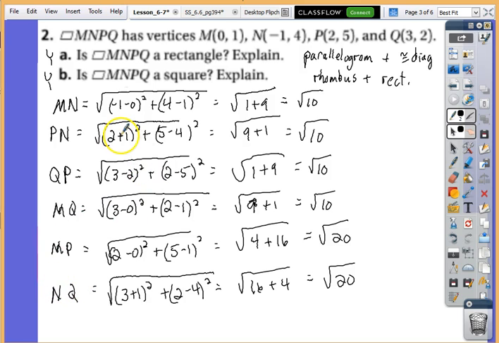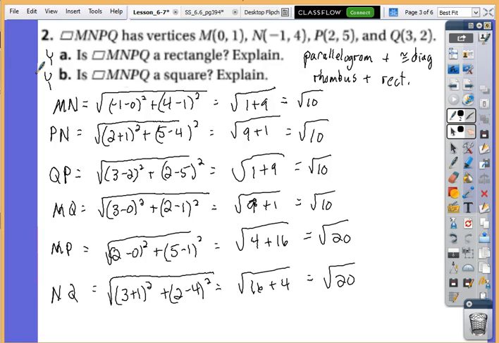Yes. It's a rectangle because it was a parallelogram, and I know it's a parallelogram because all of the opposite sides are congruent. That means both pairs of opposite sides are congruent. That's a parallelogram. And the diagonals are congruent. That makes it a rectangle. And then since it's a rectangle and all the sides were the same, that makes it a rhombus. If it's a rectangle and a rhombus, then it's a square.